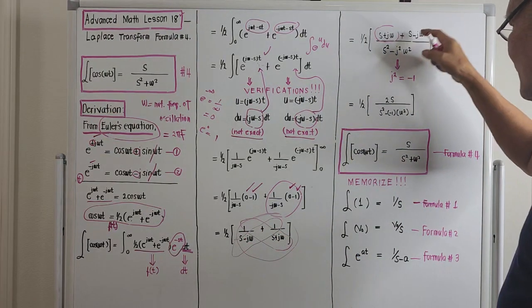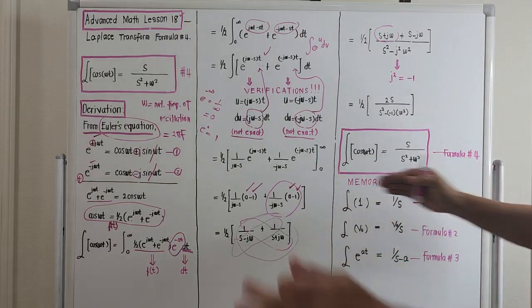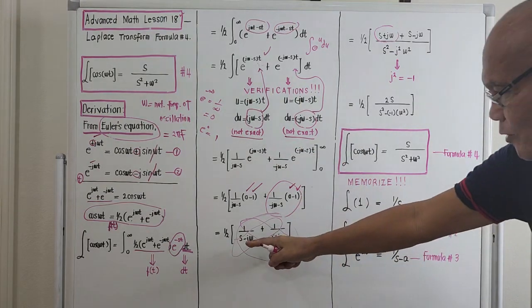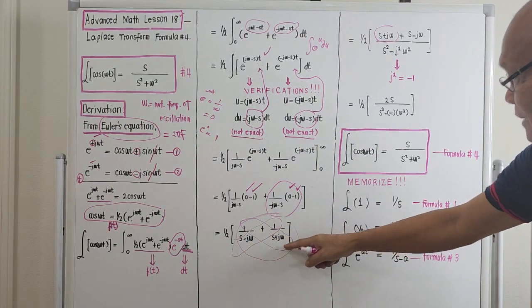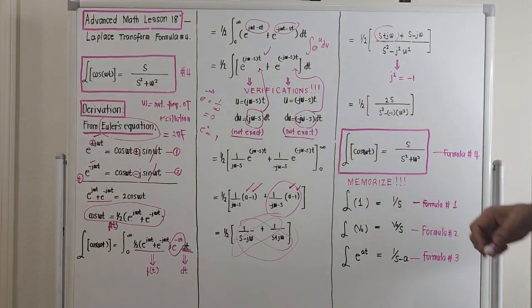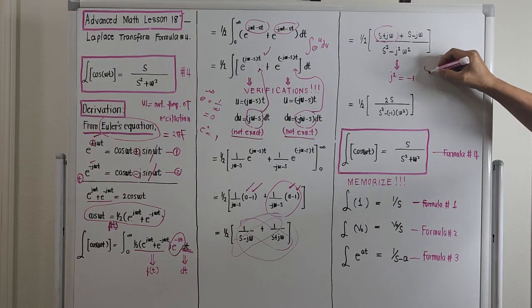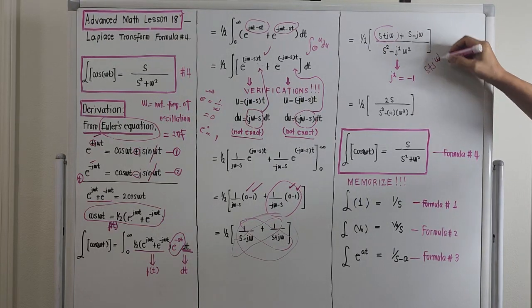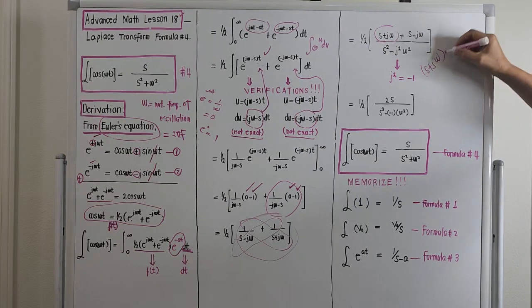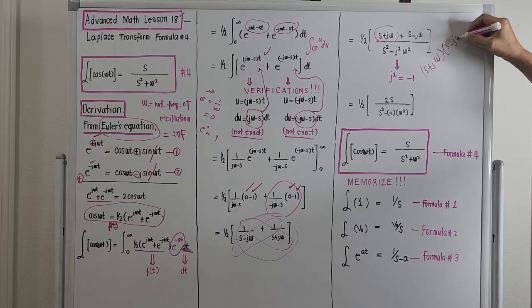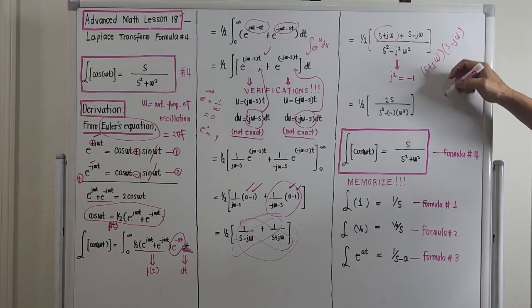This is s minus j omega. And the resulting denominator will be the product of the first one times the second one. So it will be s squared. Actually, the middle term cancels because s plus j omega times the quantity s minus j omega, the middle term cancels. S times s is s squared.